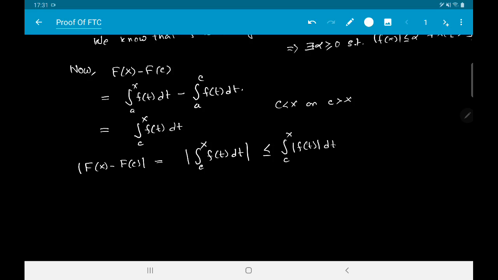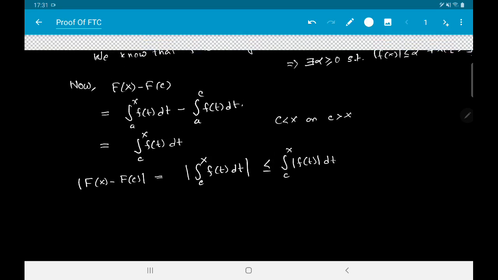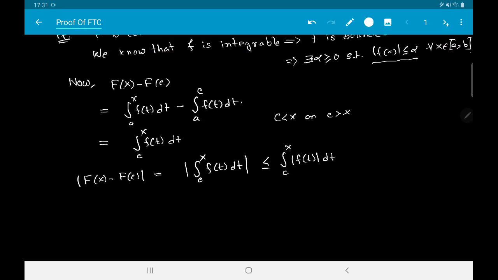Now t always lies inside the closed interval AB, and because we have used this boundedness, we can write that this is less than or equal to alpha times |x minus c|. So how did it go?